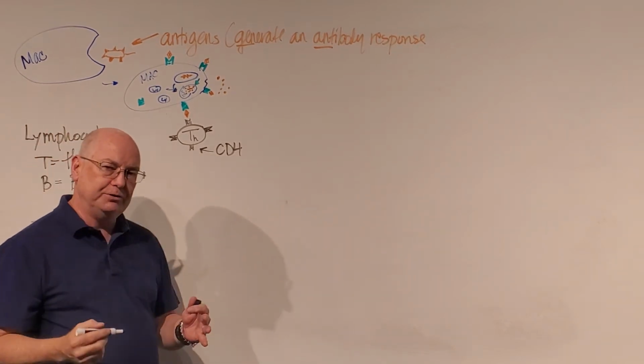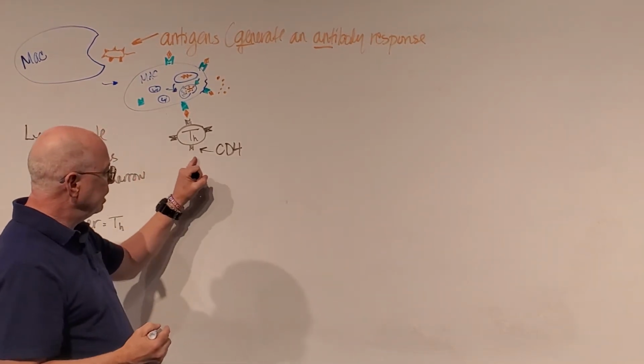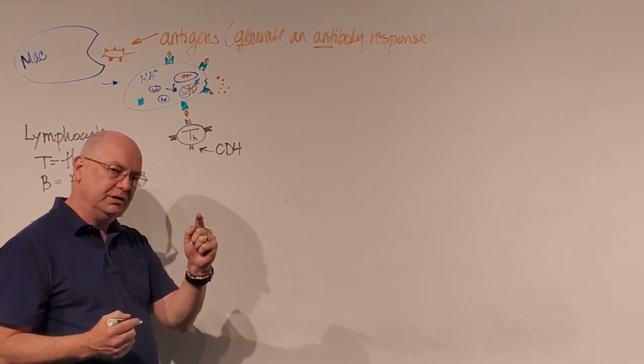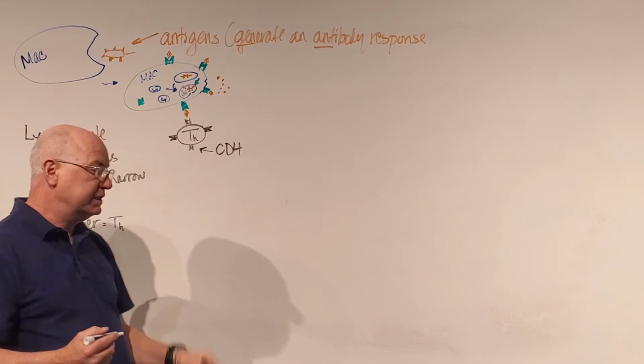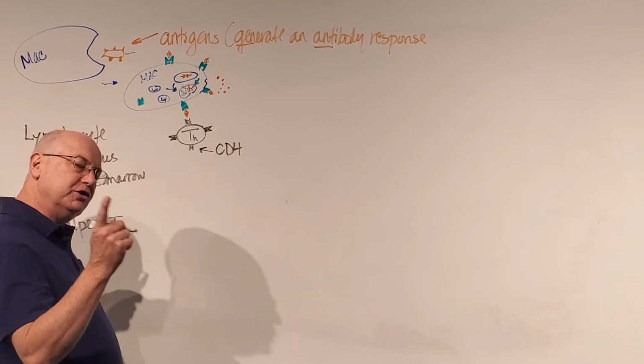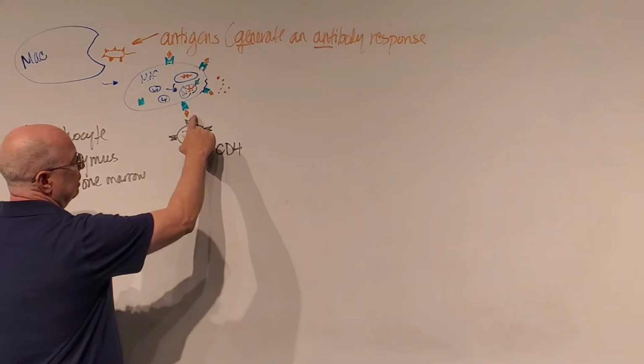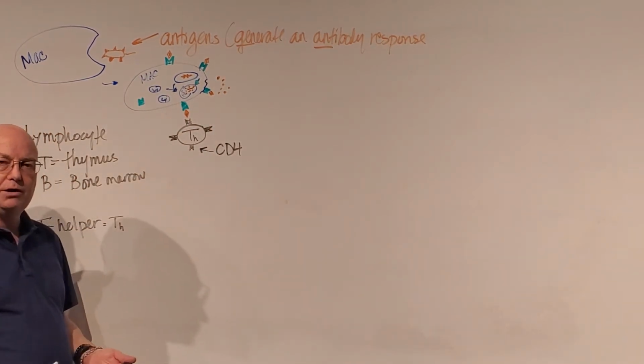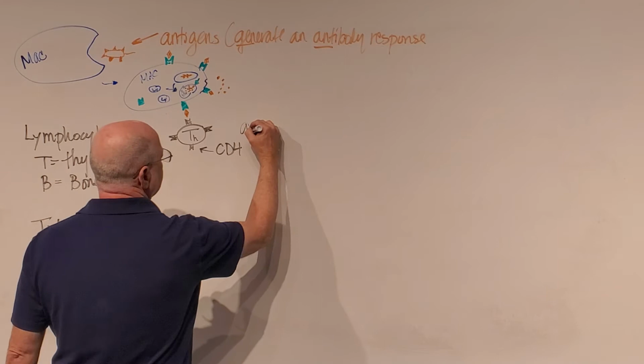Now each T helper cell can make only one type of CD4 molecule that can recognize only one specific antigen. But I can have millions of different CD4 molecules. If the correct CD4 molecule encounters this antigen as it's being presented, then that CD4 molecule becomes activated.